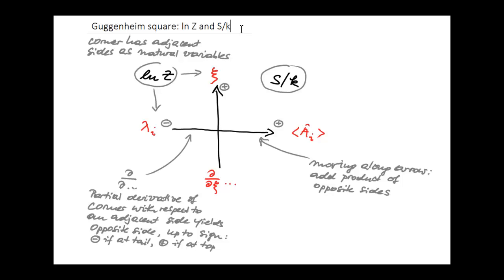In the case of log z, you have to keep the Lagrange parameters fixed, the lambdas, which in our case are alpha and beta. In the case of the entropy, you have to keep its other natural variables fixed, which here are the particle number and the energy.